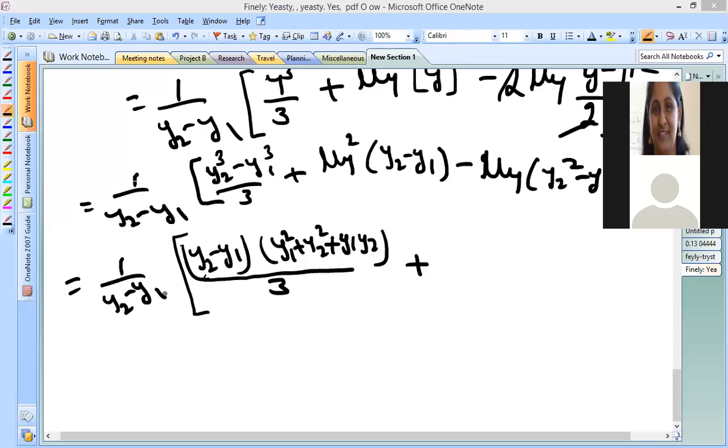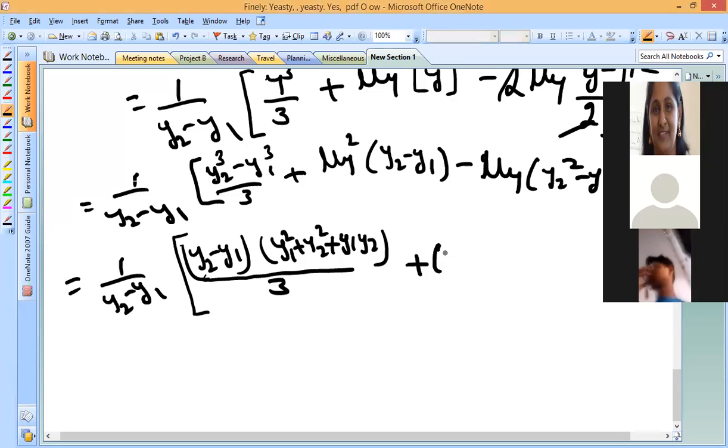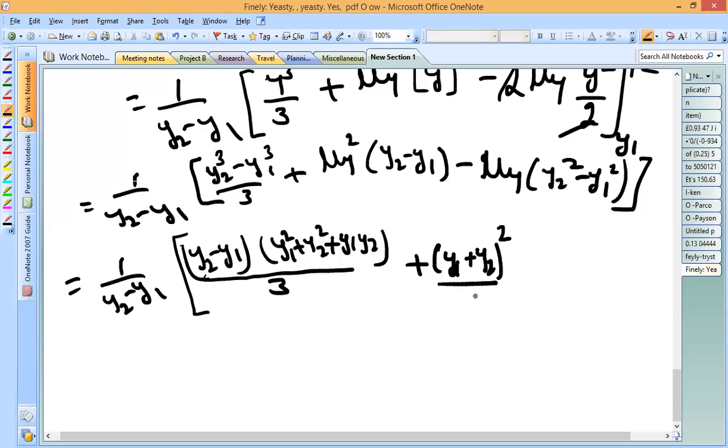Substituting mu y square, what do we get? So this is, we have (y1 plus y2) whole square divided by (y1 plus y2) divided by 2 we have. So 2 square is 4, into (y2 minus y1), minus mu y, which is (y1 plus y2) divided by 2.